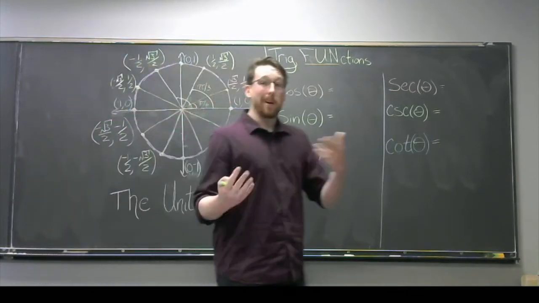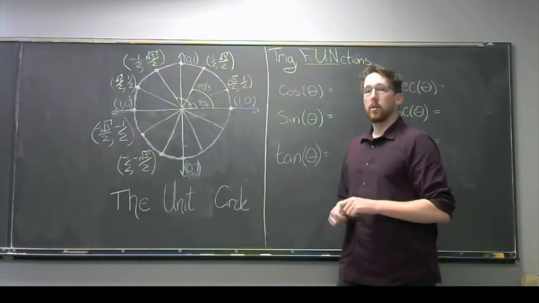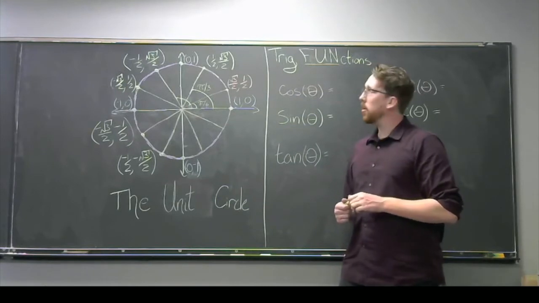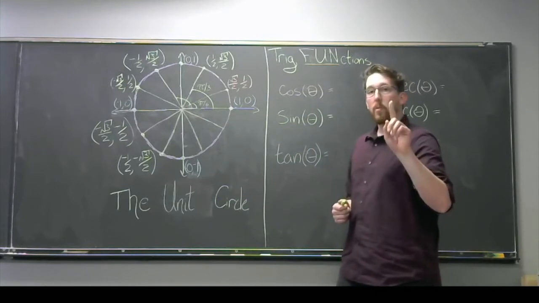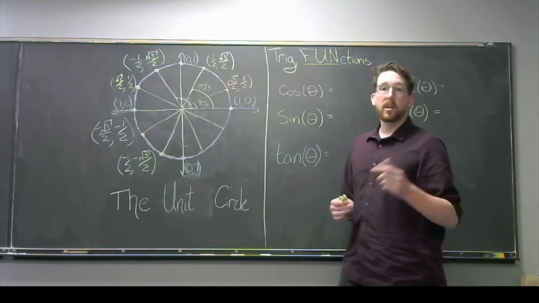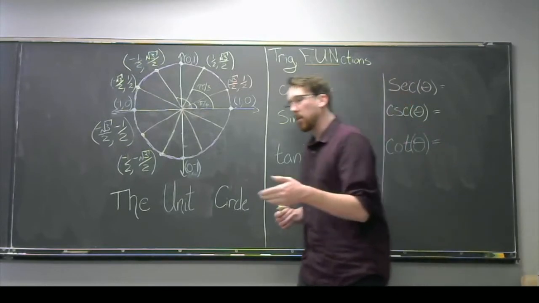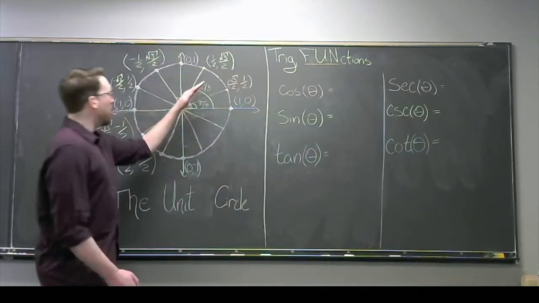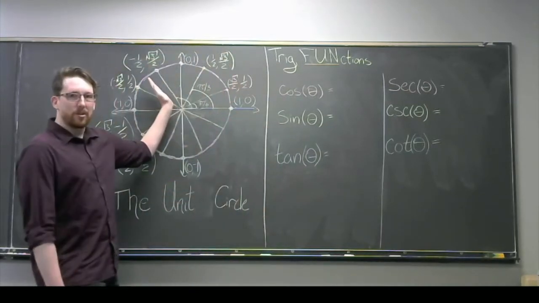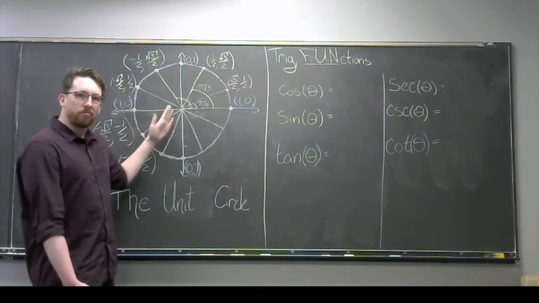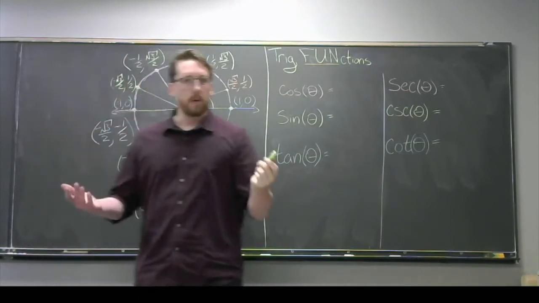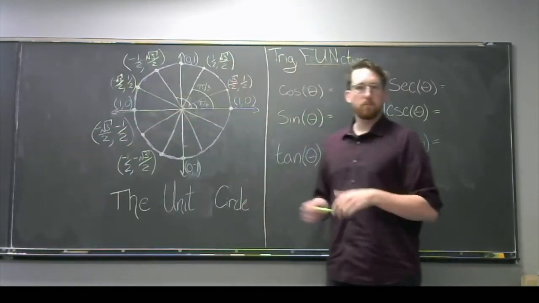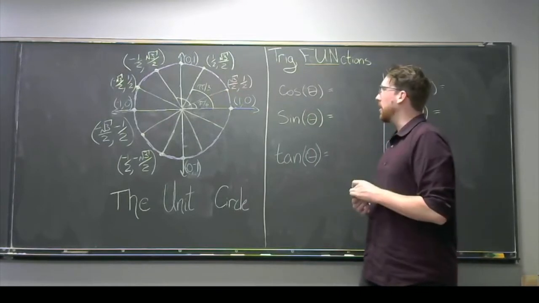Traditionally, we use pi over 6 radians when talking about the unit circle, and we throw in oftentimes one other set of angles, all those angles that occur at pi over 4 radians. So pi over 4, and so forth and so on. You know what I mean? 3 pi over 4, 4 pi over 4, etc.